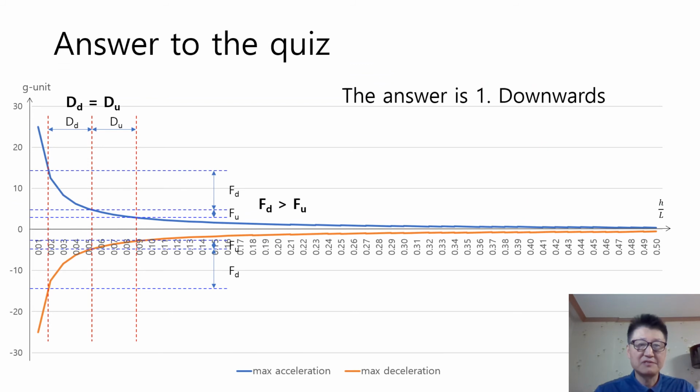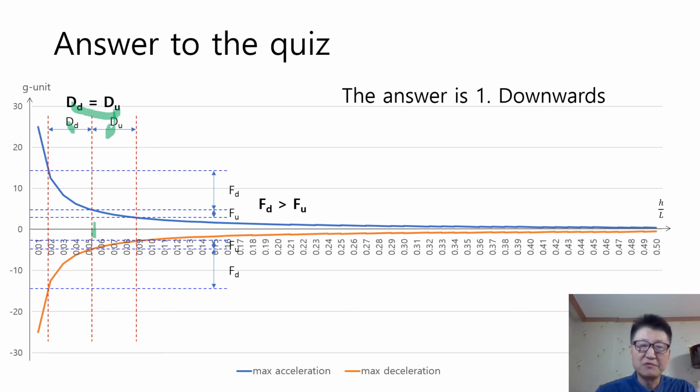This picture tells everything about the effect of CG location. Let's place the given CG height here, which is the given reference line in this analysis. In this picture, upward distance, this u here, and the downward distance, this d, are the same.